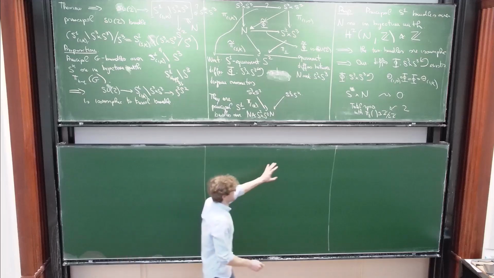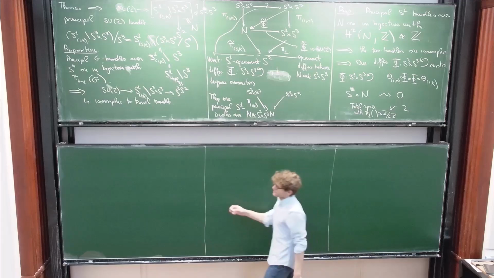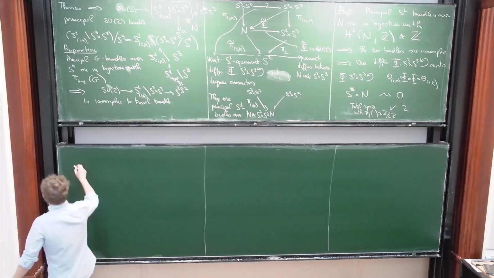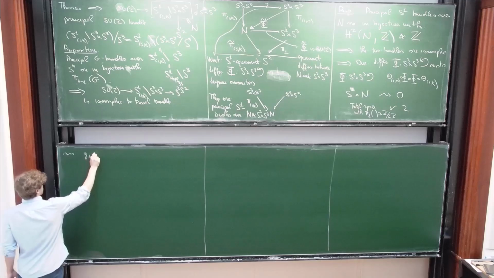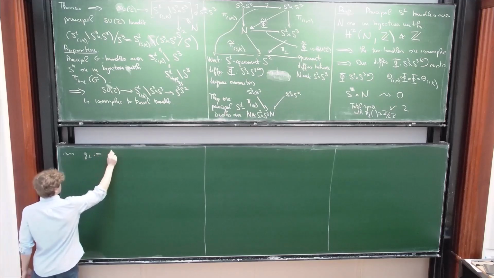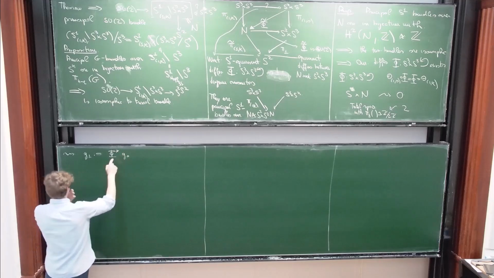So I found the diffeomorphism phi, and I want condition 3 in my list to be satisfied. So I should set G1 to be the pullback of G0 with respect to phi.